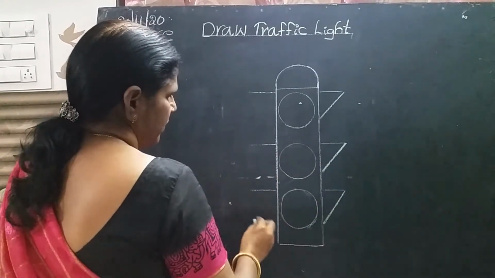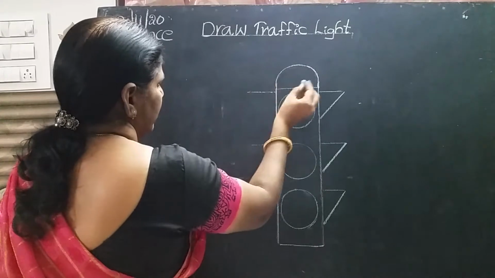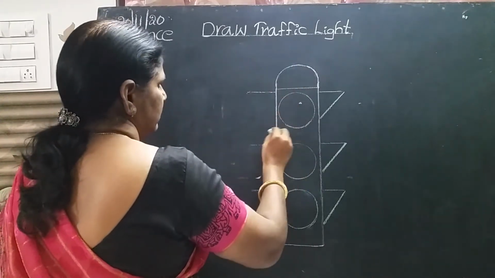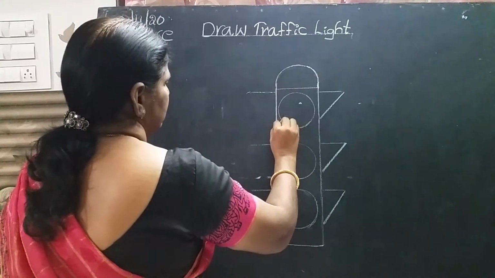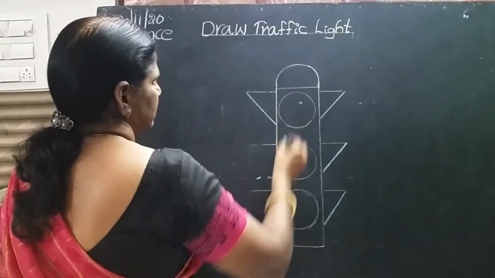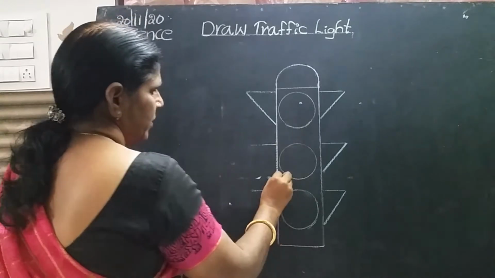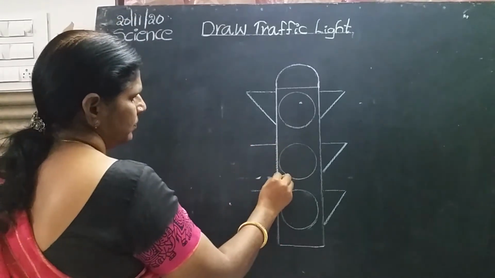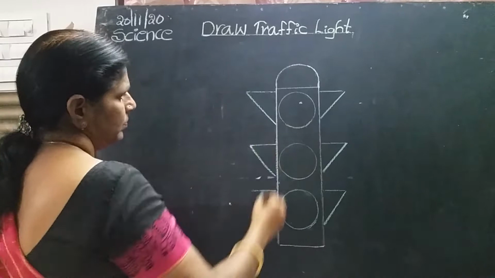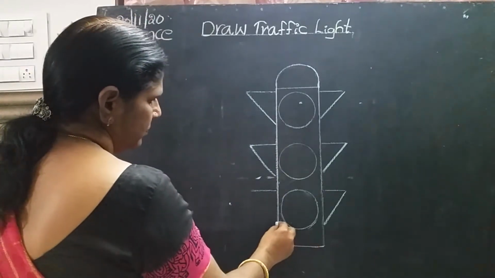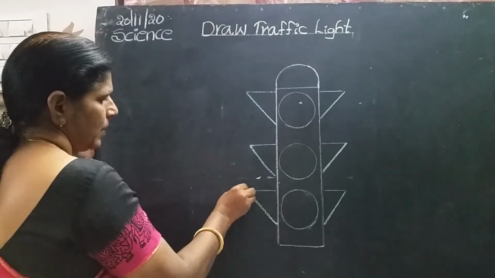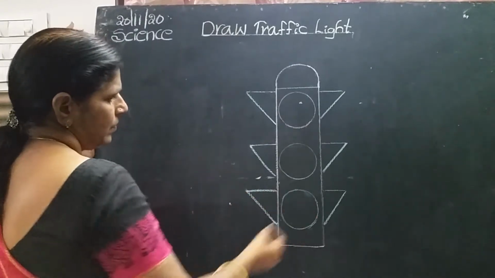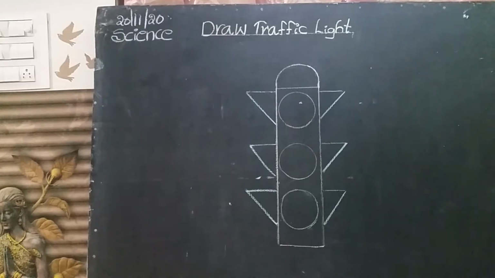Okay, this side also like that, same. Okay, draw like this. Is it clear, children?